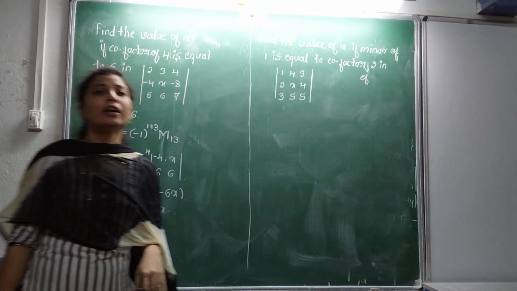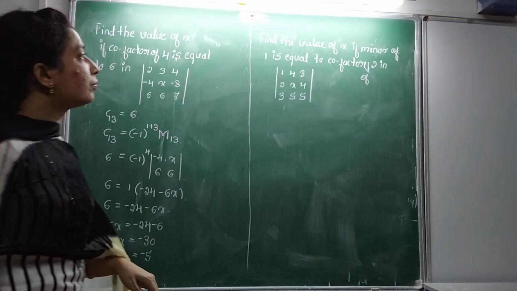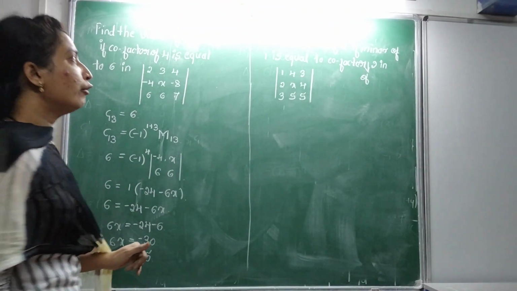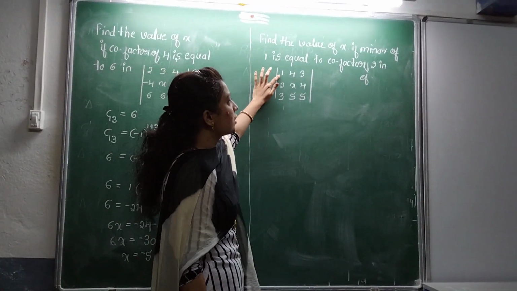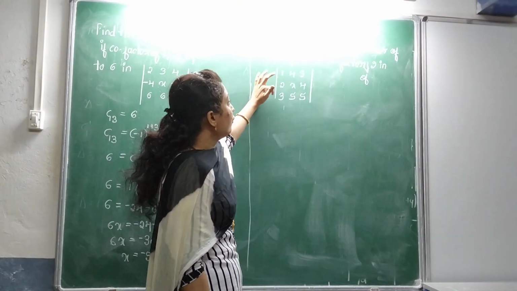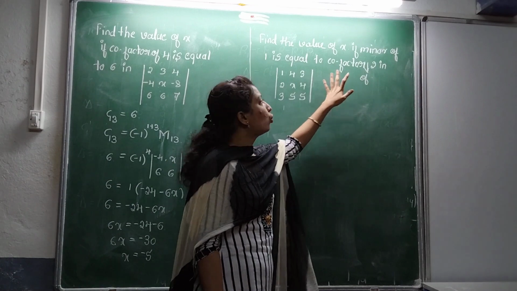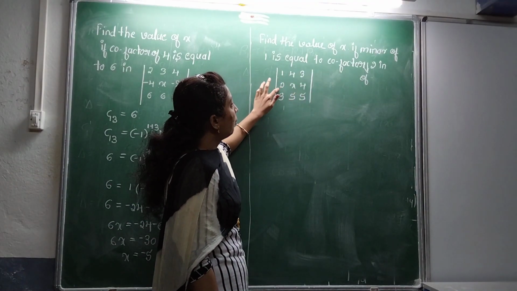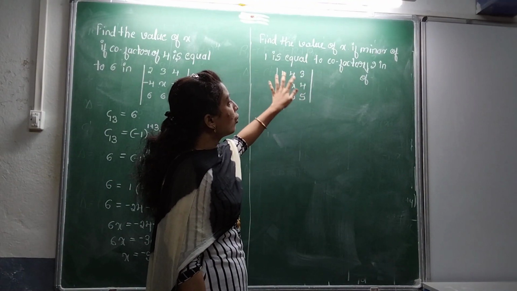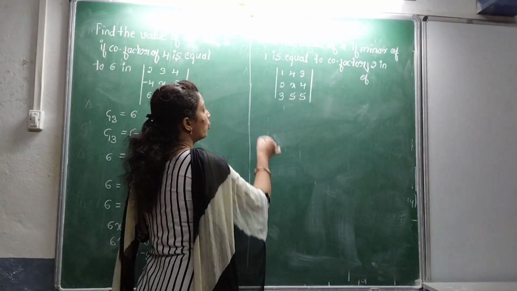So here they have given that the minor of 1, meaning the element 1 in the first row and first column, is equal to the cofactor of 2. The cofactor of 2 means the element 2 is in the second row, first column. So both are equal.